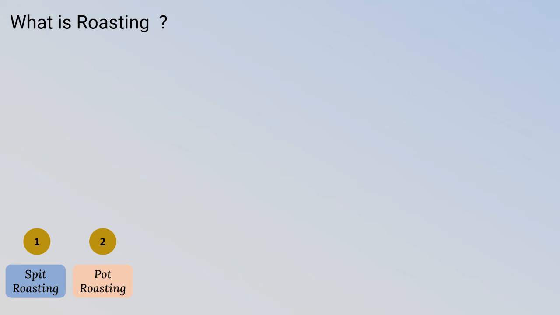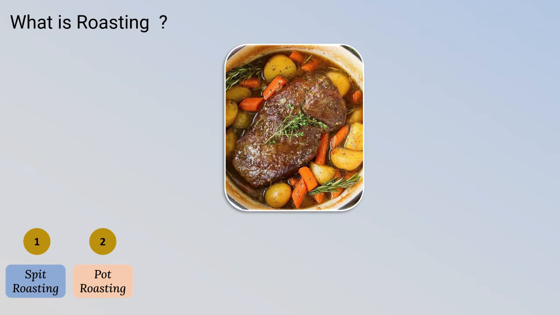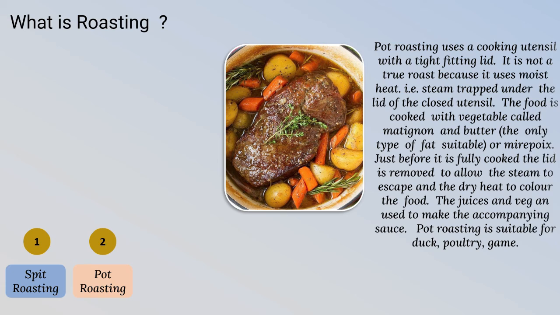The second one is known as pot roasting. We have already come across the term. Pot indicates a container, and the roasting is conducted in a container. Pot roasting uses a cooking utensil, a container or a vessel with a tight fitting lid.